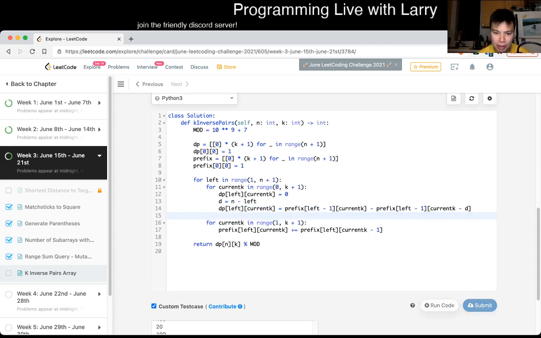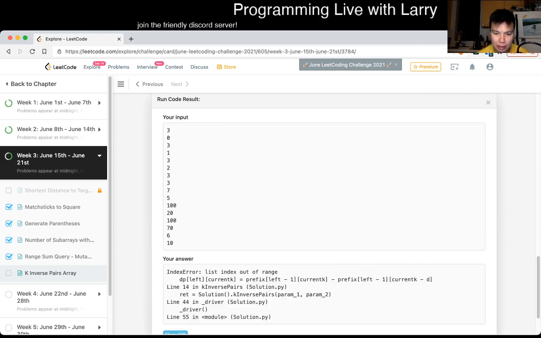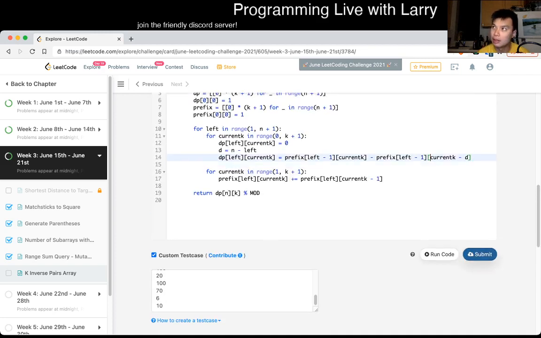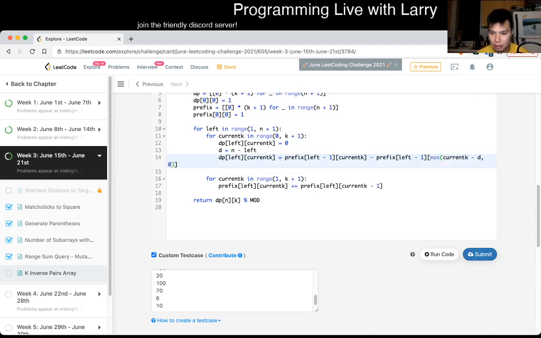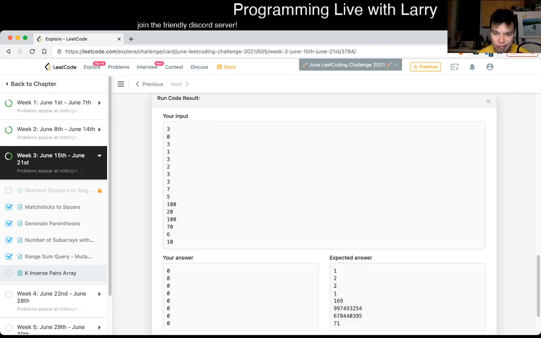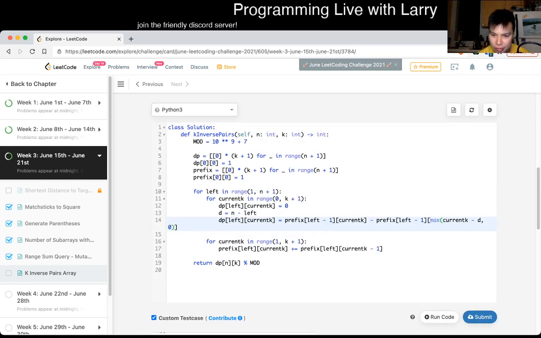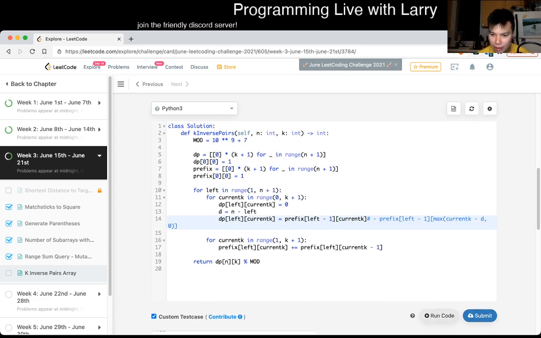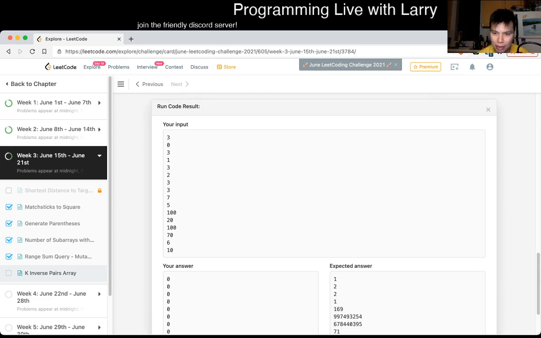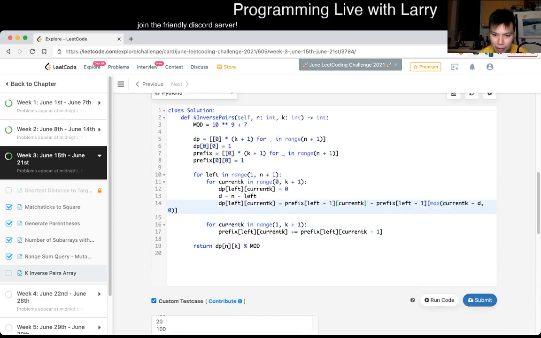Maybe it's off by 1, but let's see if we get a reasonable answer. And of course this is max of this and 0. Do I get a non-zero answer here? Just want to make sure that I have a big number. Okay, so maybe I'm missing something weird.